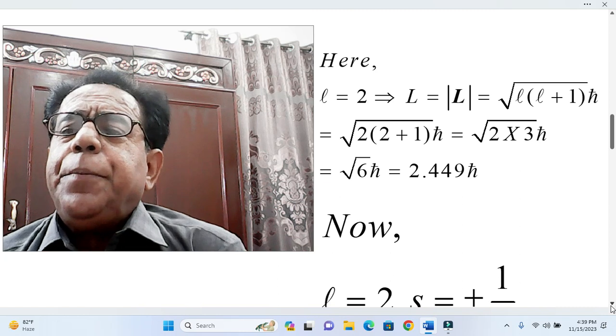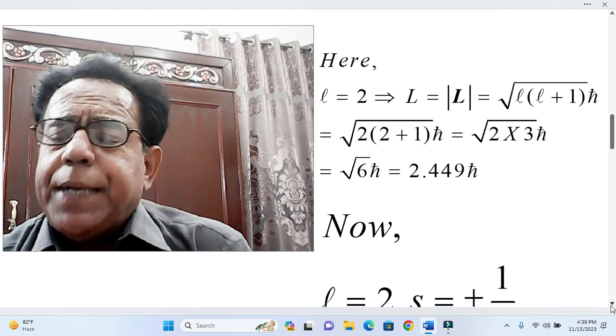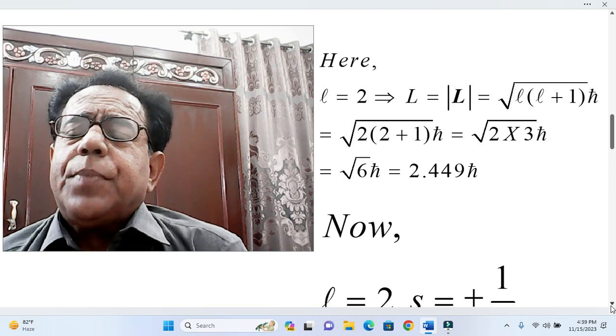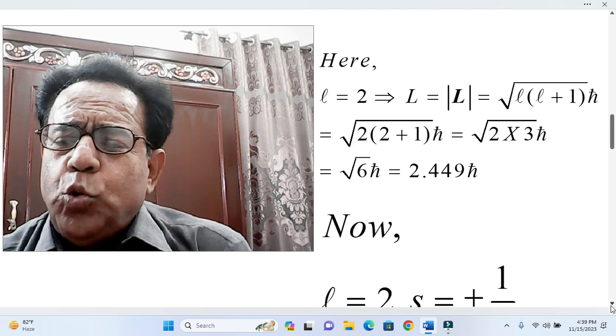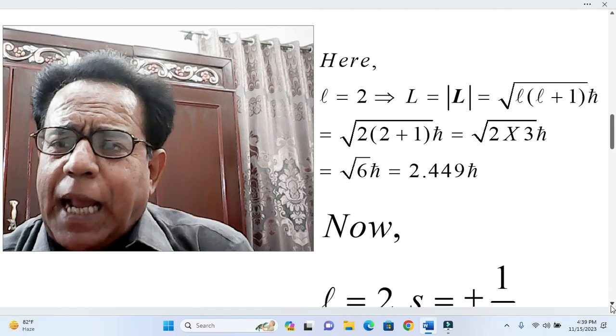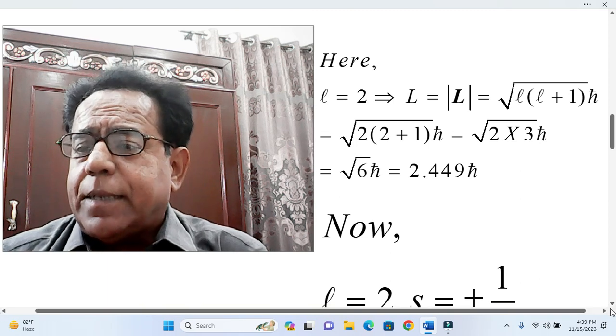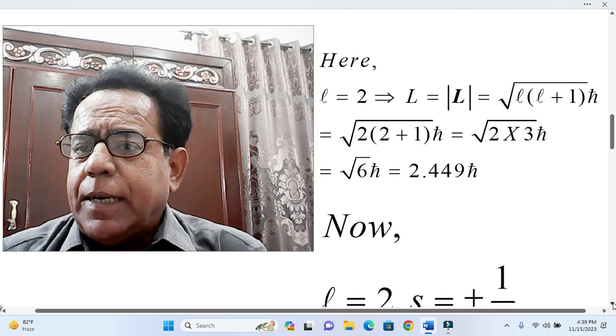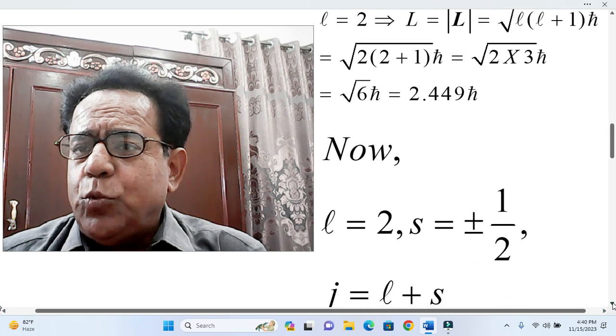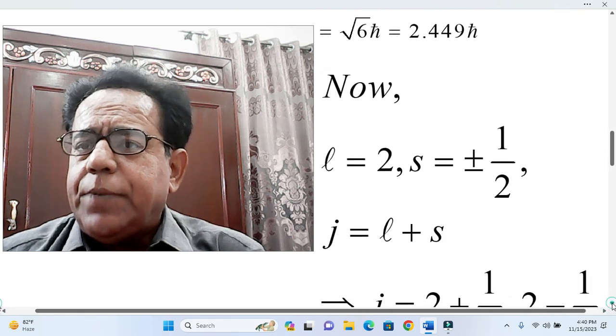So here the magnitude of capital L becomes equal to 2.449 h bar, where h bar is Planck's constant divided by 2 pi.